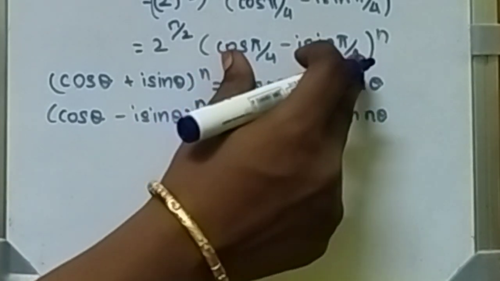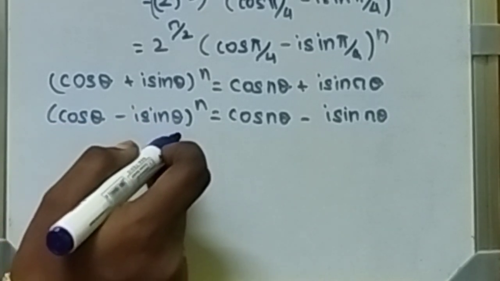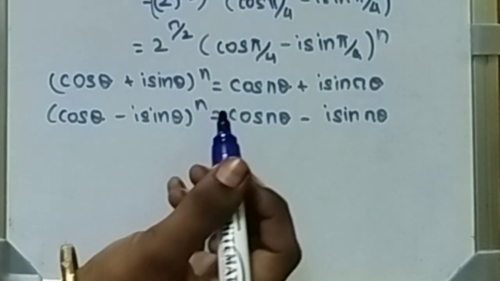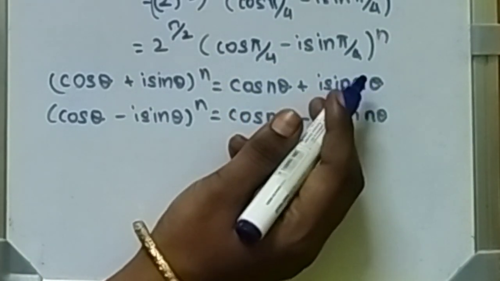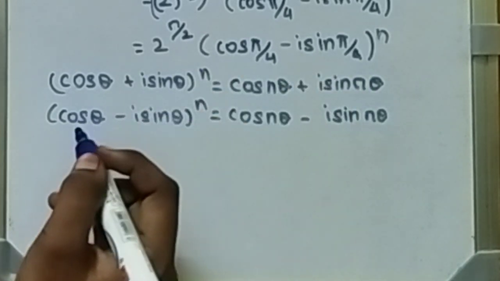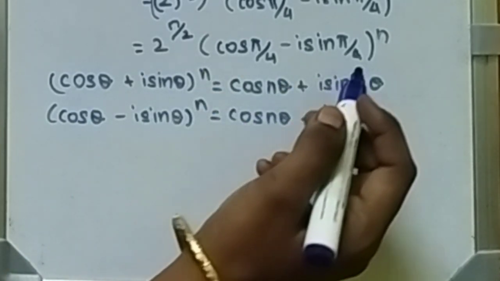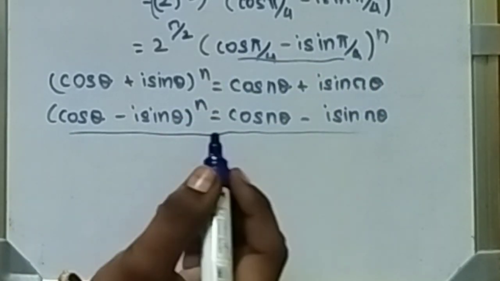So in which format do we have it here? Cos pi by 4 minus i sin pi by 4. This is in the form of cos theta minus i sin theta.